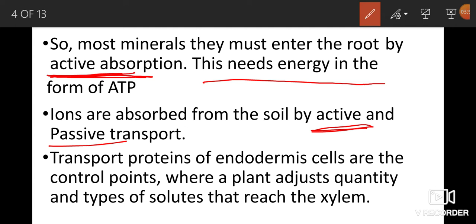Transport proteins of the endodermis. We already discussed the endodermis. It contains cells embedded with suberin, that is, Casparian strips. The Casparian strips are impervious to water molecules.